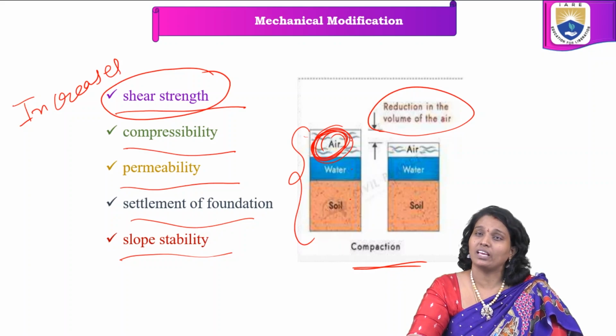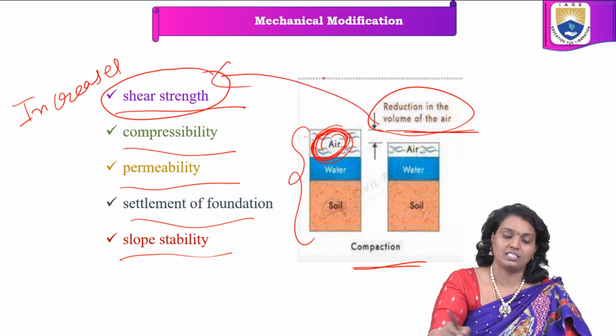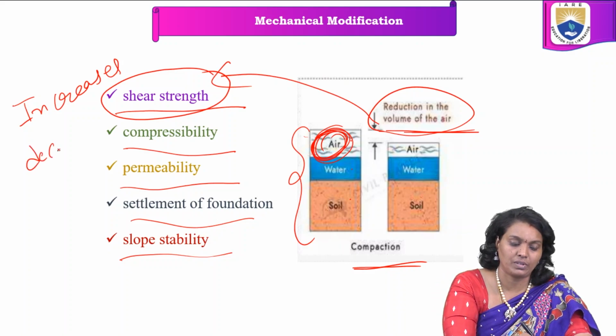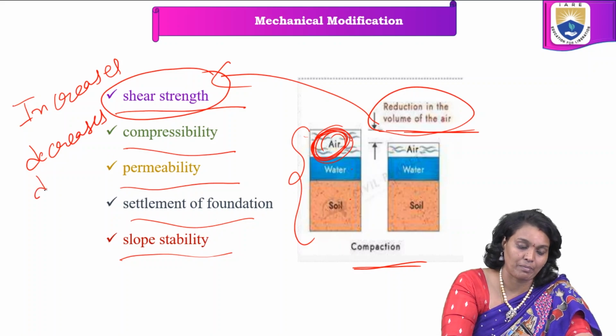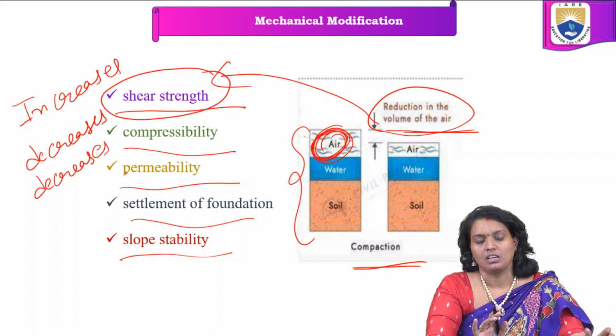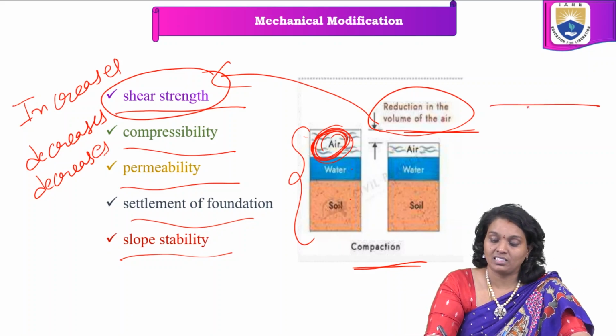The reduction of the volume of air increases the shear strength, decreases the compressibility, and also decreases the permeability. It decreases the permeability and the settlement of the foundation. It depends. The settlement of the foundation is like this.